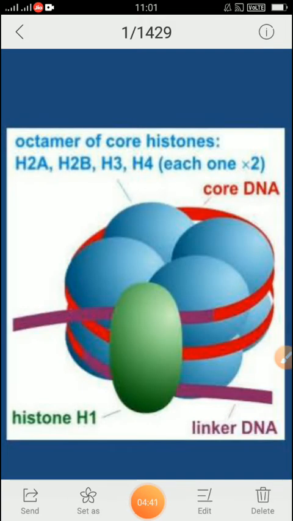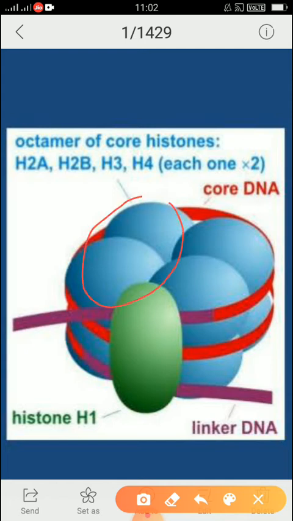Next we will discuss the structure of a nucleosome. What is a nucleosome? The DNA strand winds around a core of 8 histone proteins. Each such complex is called a nucleosome. This is the histone protein.